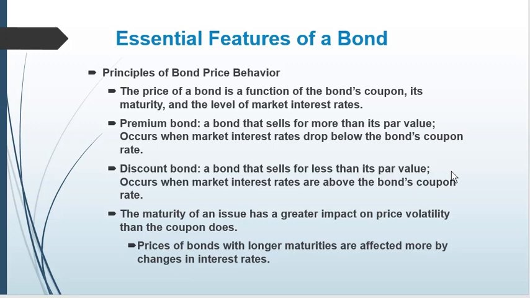Now, why this happens is just that interest rates change over time. And if the market interest rates are below the coupon, then the person is receiving more in income than what the rest of the market is getting. So that's a positive. So they would have a value that's greater than $1,000.